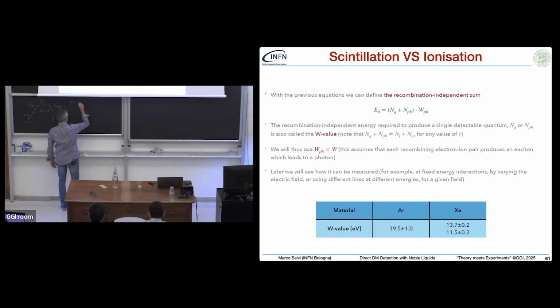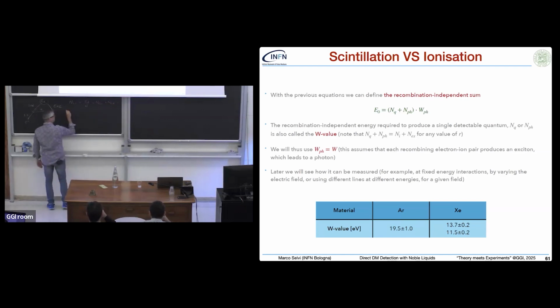If we assume that the total number of quanta is equal to the deposited energy divided by a certain number, this W, that in the case of xenon is about 13 electron volt, then this is the total number of quanta generated. This is equal to the number of particles in the excitation channel plus the number of ionized particles.